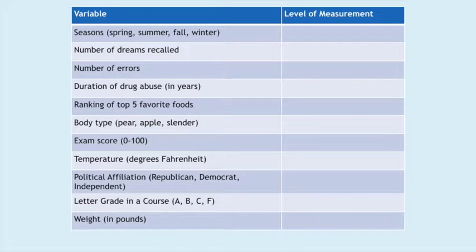Let's look at some examples. For this first one, seasons, based on those 3 categories we just talked about in levels of measurement, how would we describe the level of measurement in seasons? It would be nominal, because there's 4 categories that can't be ordered. What about number of dreams recalled?